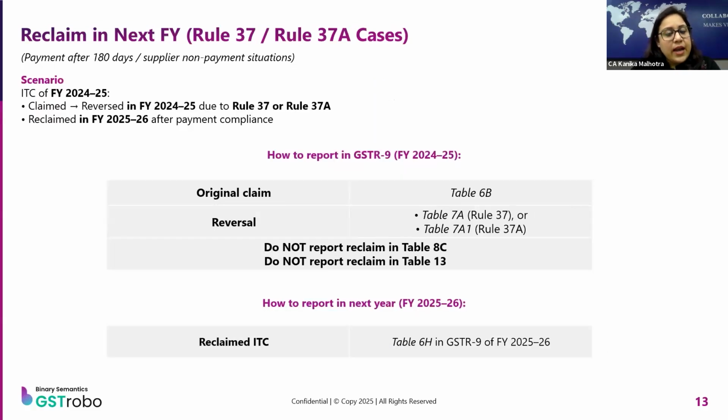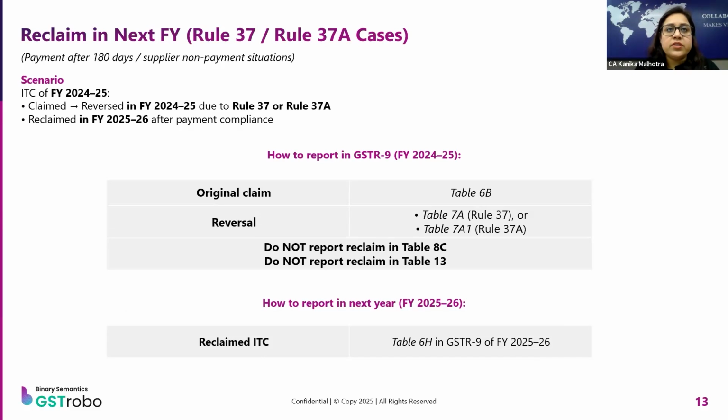In this case, ITC is of 24-25, claimed and reversed in financial year 24-25 due to 180 days and non-payment situations. And again, you are reclaiming it in 25-26. So, originally, it will be claimed in 6B only because it belongs to that particular year. Reversals would be in 7A and 7A1, because now the government also needs in-depth quantum or segregation of transactions.